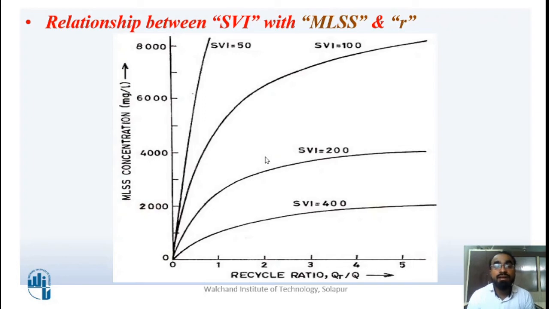Automatically my SVI value will decrease and my ratio will decrease. So in simple words, the SVI is directly related to MLSS and the sludge recycle ratio, that is the return sludge ratio.